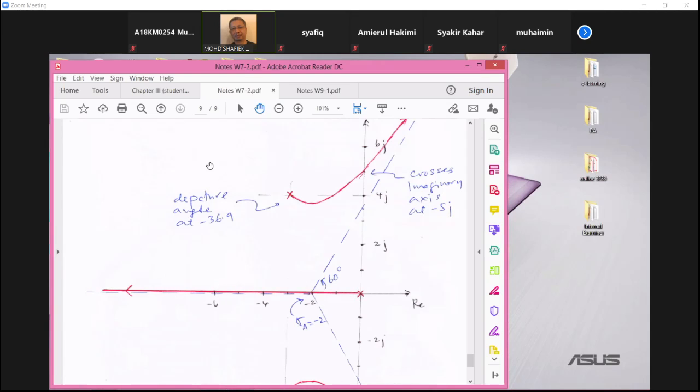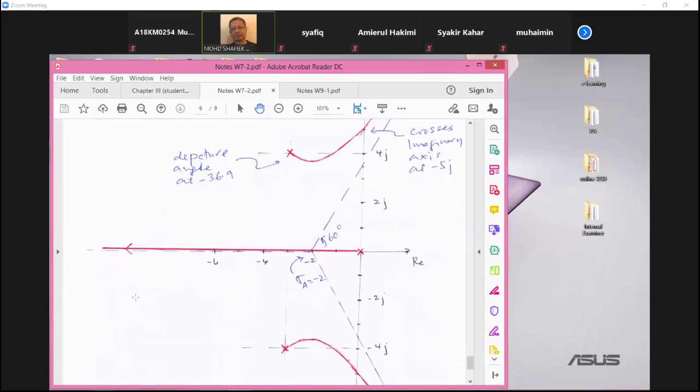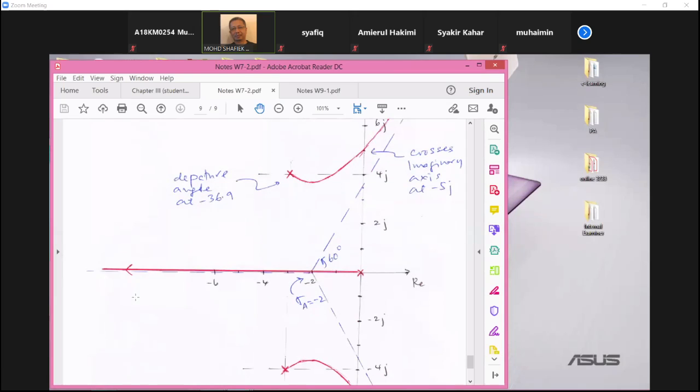It's going all the way to infinity along the asymptote. So in this example, you can skip the step where you need to find the breakaway point or the breaking point. So that's it for this example.